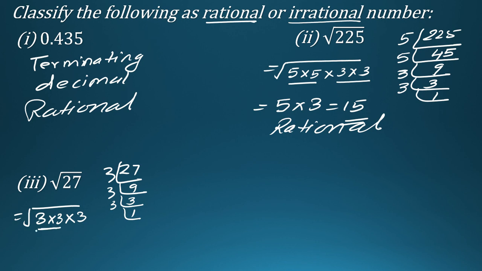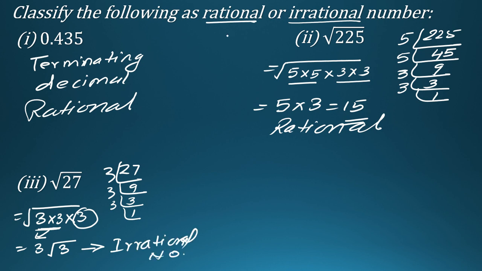So here is one pair, and then this number is left without a pair. So the number without a pair means 1 times 3 will go out, and then this 3 is left inside. So since we have a square root left with an unpaired number, it will be an irrational number. What will it be? Irrational number.